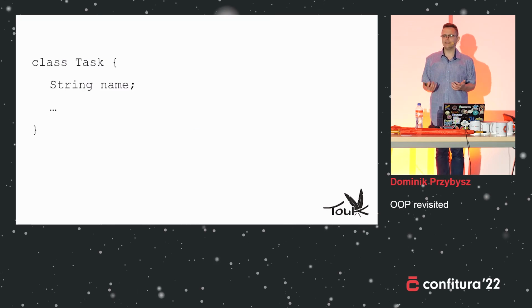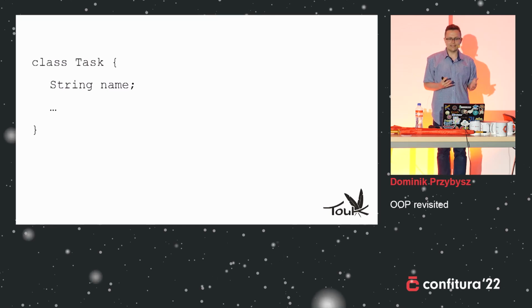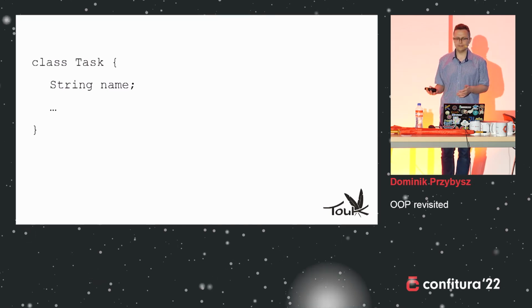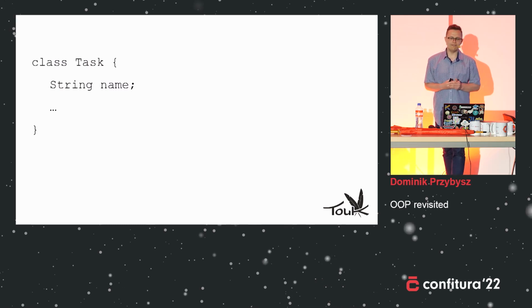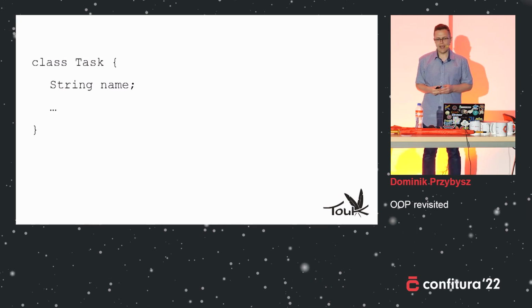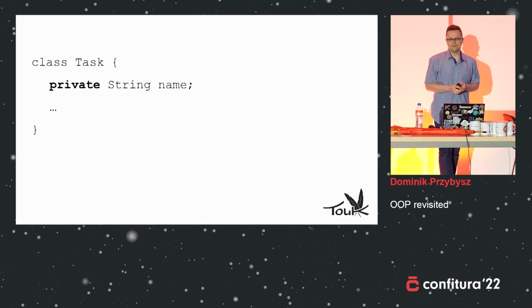So let's create our first object. During this presentation, we'll be in the domain of task management. We have created a simple class Task with one field called name. If you know about encapsulation, probably something is wrong for you with that class, and you know that you should put the private keyword in front of this field.